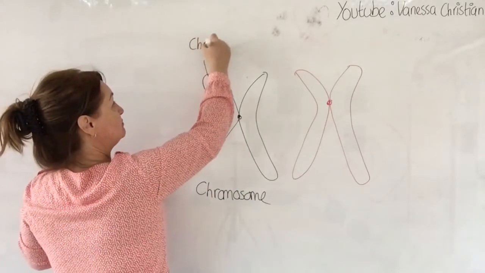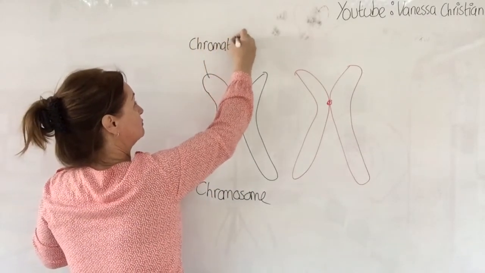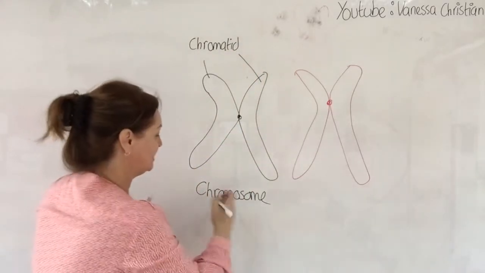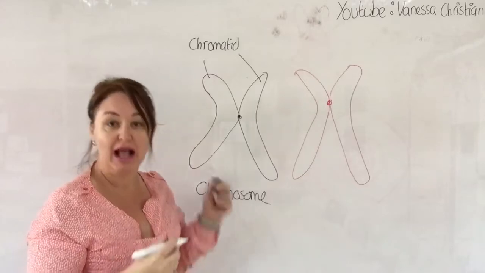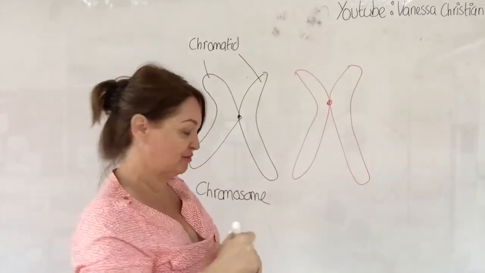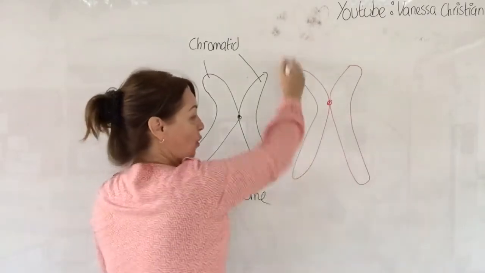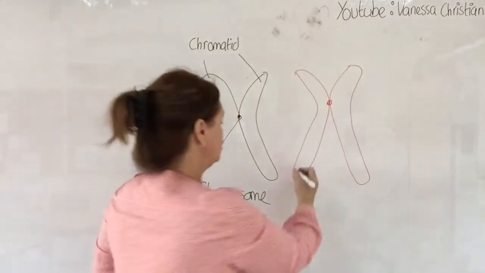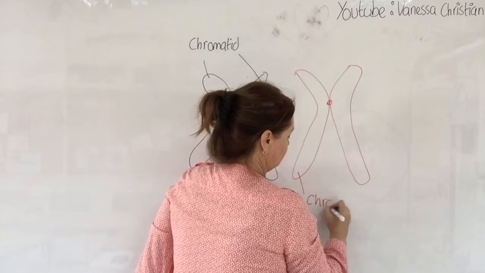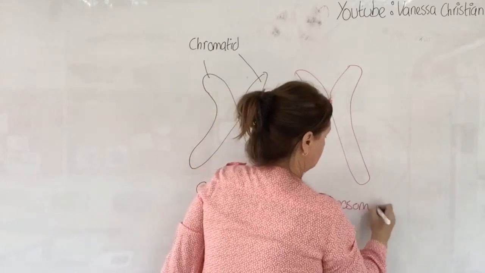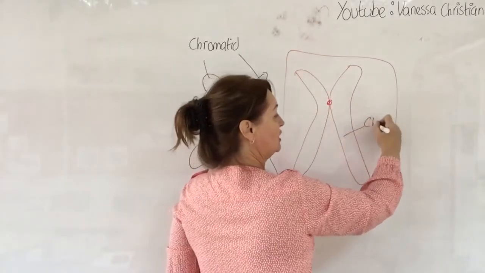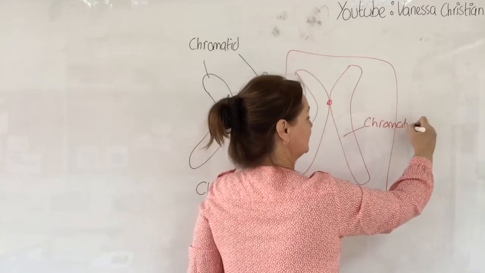Here's a chromatid, and here's a chromatid. And the same from the other side. Remember we said that this might be one that you've got from mum, and this might be one that you've got from dad. It is one chromosome, made of two chromatids. So the whole thing is a chromosome, and each one is a chromatid.